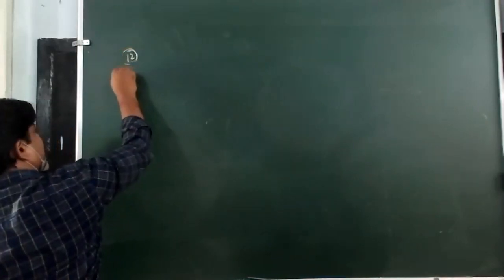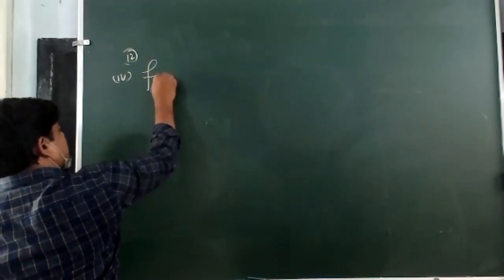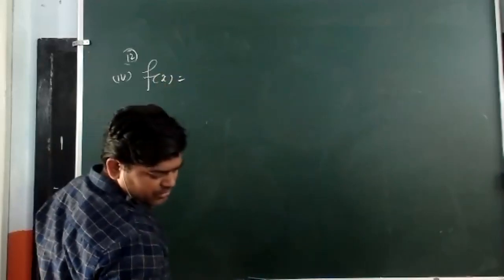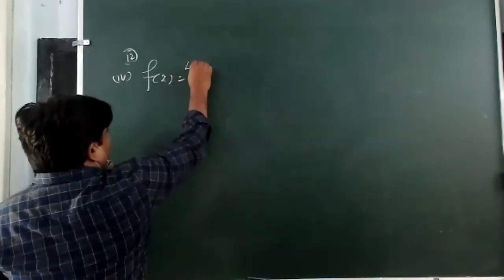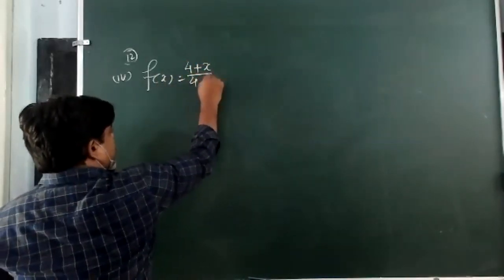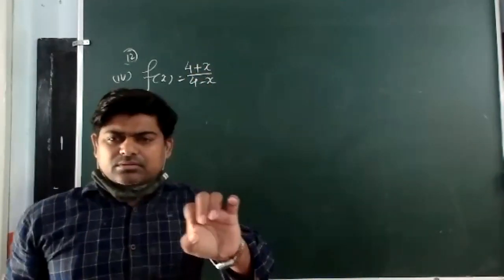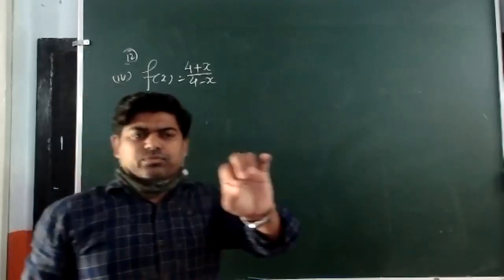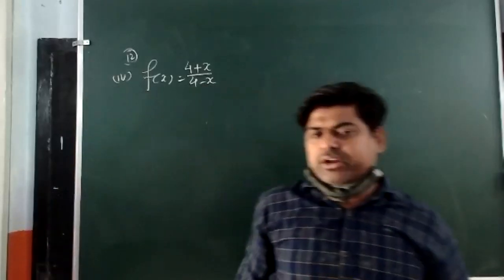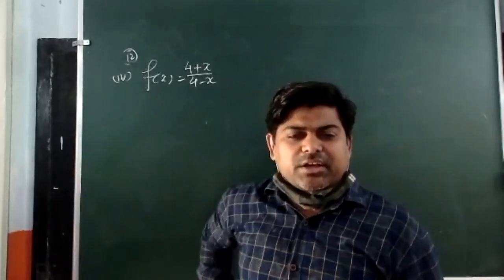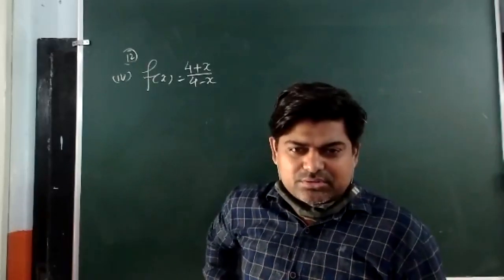Question number 12, fourth part. f(x) is given as (4 plus x) upon (4 minus x). Listen to me very carefully. Now tell me, he asked one thing: sir, can the denominator be taken as greater than 0 or not?